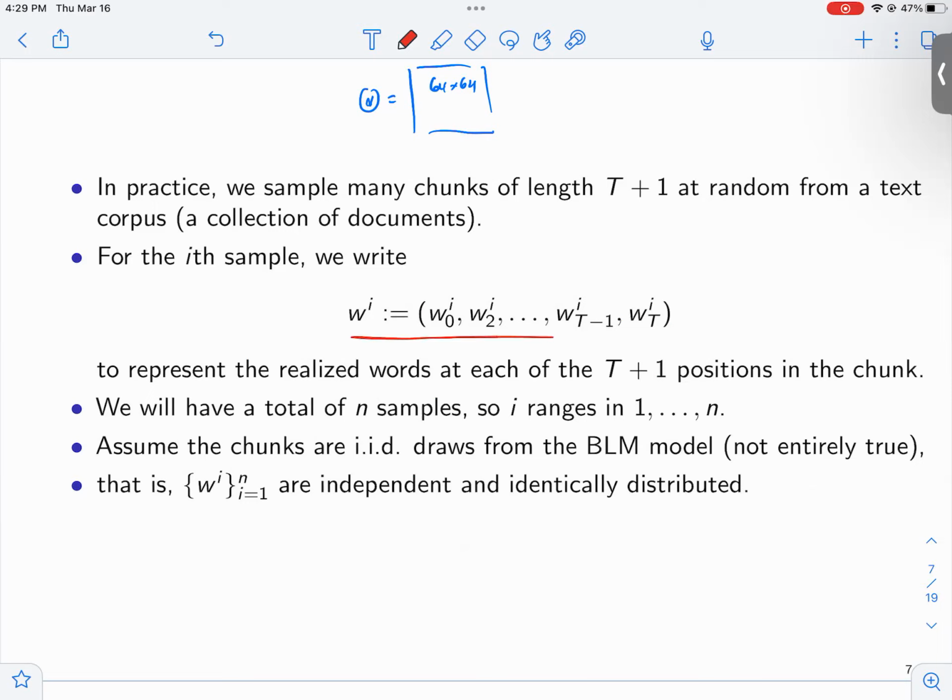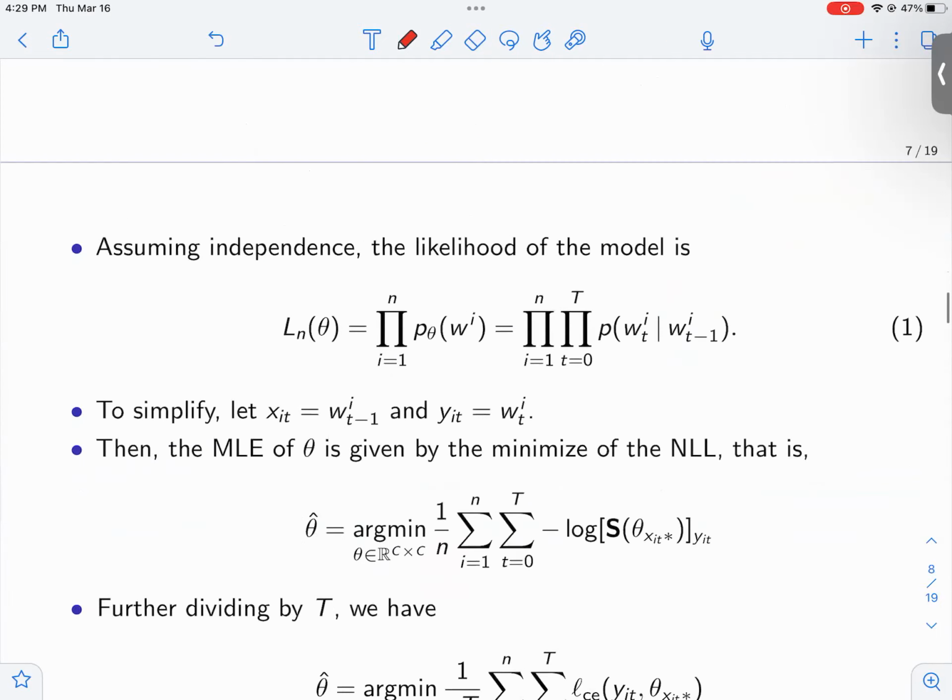So here's going to be my training. W subscript i is the ith sample, and this is the words that I see in that context or chunk. And then you can write down the pseudo likelihood, treating them as independent. So I have n samples. This is the Bigram model for each one, and then you just plug in.